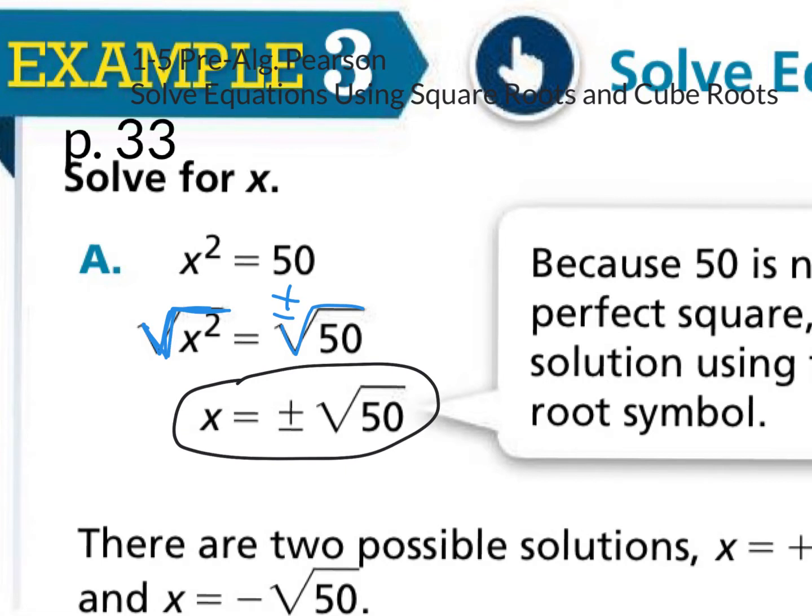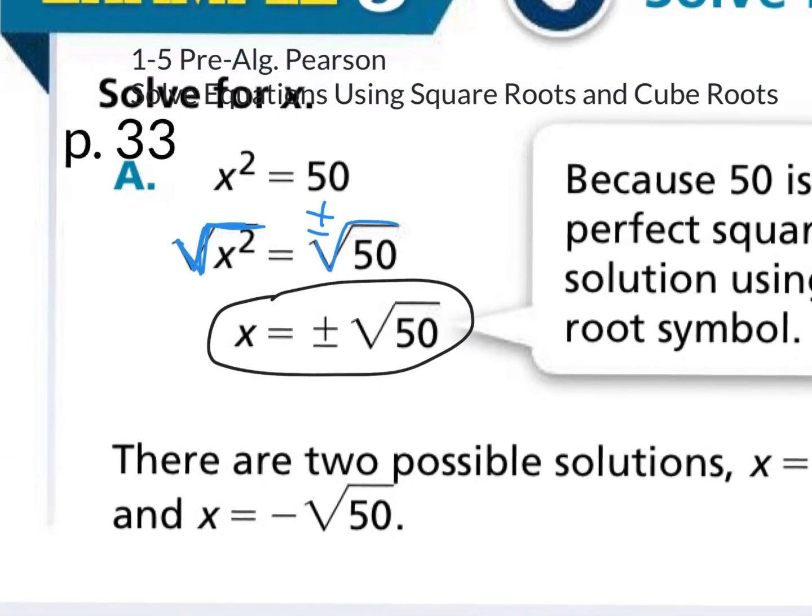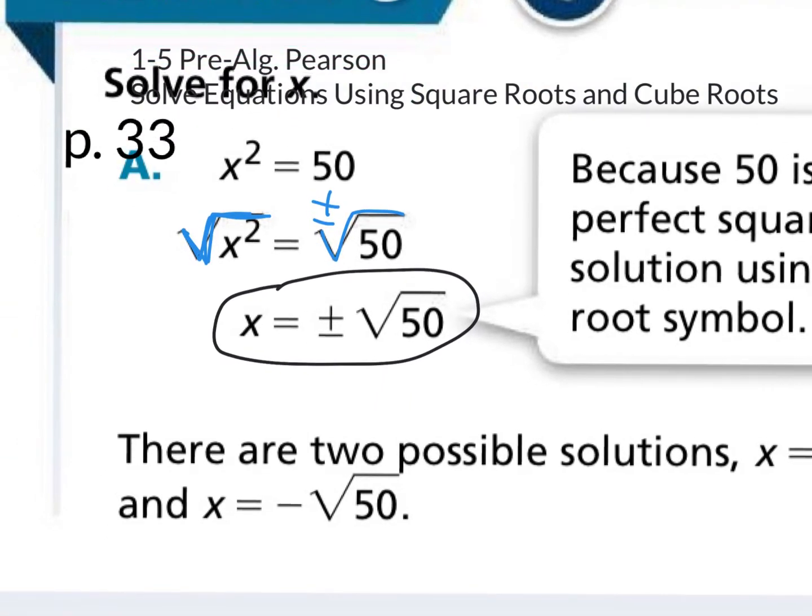We really don't know the context of what's happening or why we're solving for it, other than they told us to solve for it. So we can actually just leave it like that. So plus or minus square root of 50 would be our answer. Okay, which means it could be square root of 50, or it could be negative square root of 50.